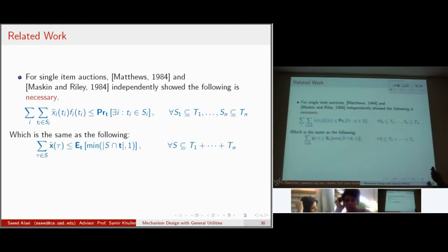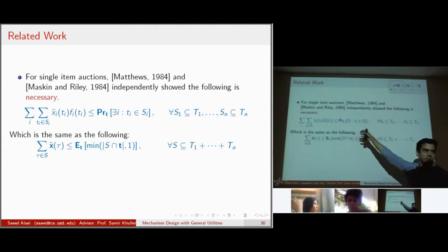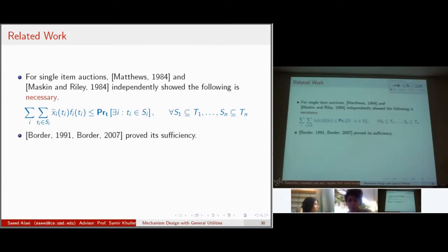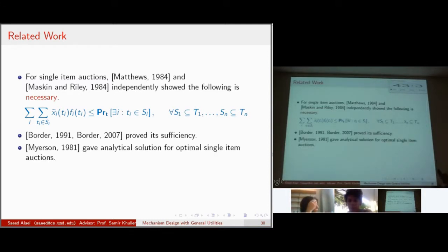And if you look at this condition, it's actually the same as the condition I showed you a couple of slides ago, but written in slightly different notation. By looking at it, it's not obvious that it's a polymatroid, whereas in this case it's clear that it's a polymatroid. And the sufficiency of that condition, again for the case of a single item with no combinatorial constraints, was proved by Border.